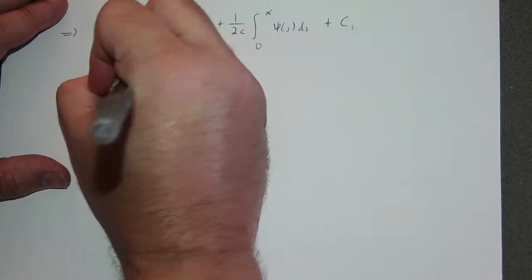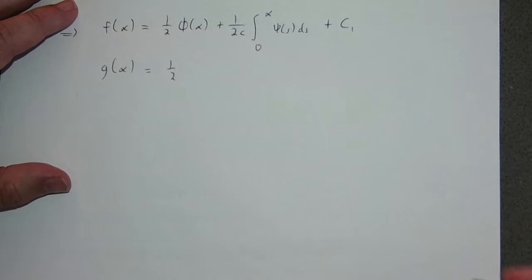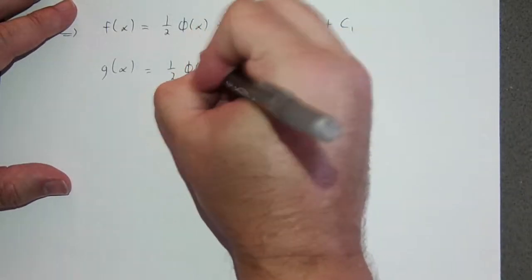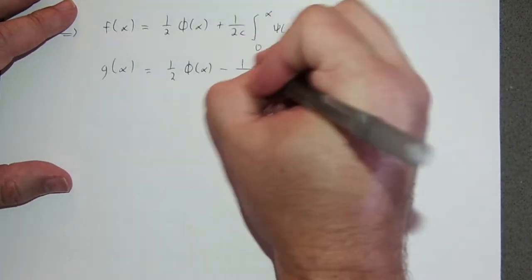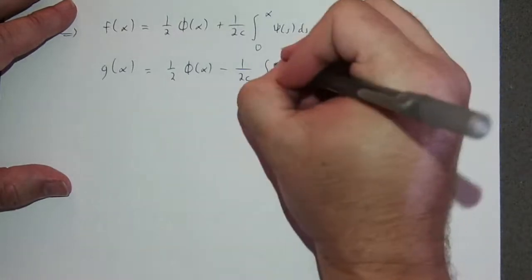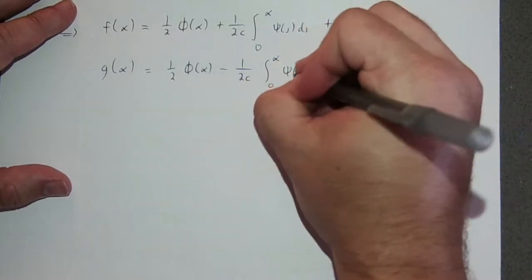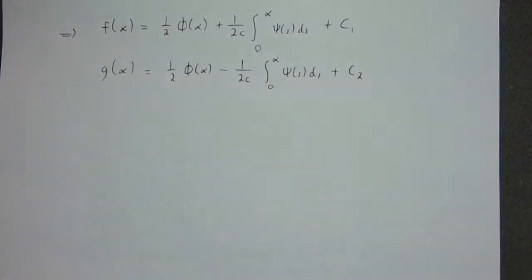And g of alpha is 1/2 phi of alpha minus 1 over 2c times the integral from 0 to alpha of c of s ds plus some other constant c2, we'll say. So c1 and c2 are arbitrary constants.